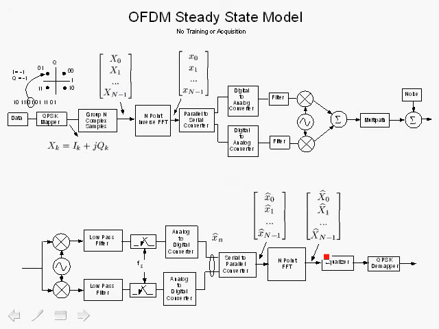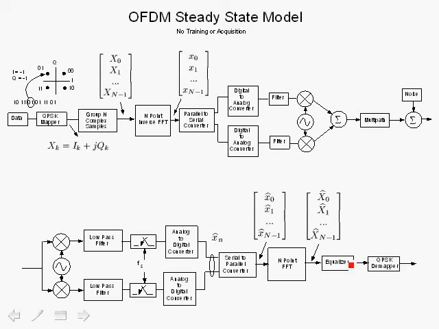Here I'm showing an equalizer block because we are going through a multipath channel, and the equalizer has to compensate for the fading or deep fades within the channel before we can map the constellation back to bits using the QPSK demapper.